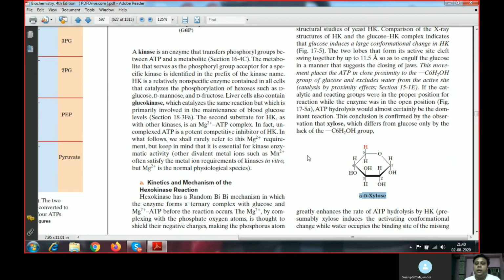After addition, xylose can bind to the hexokinase molecule, but it is not closing the jaw of the hexokinase, and as a result significant water is available and ATP can donate its phosphate group to the water molecule.